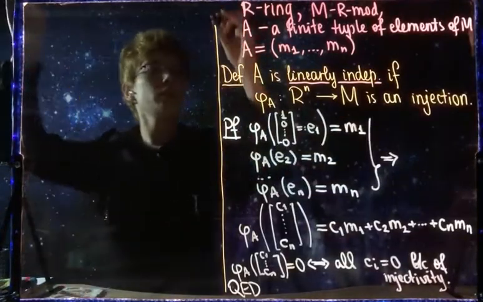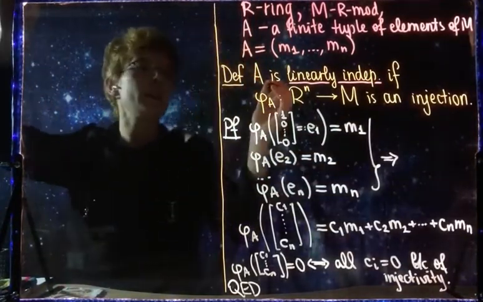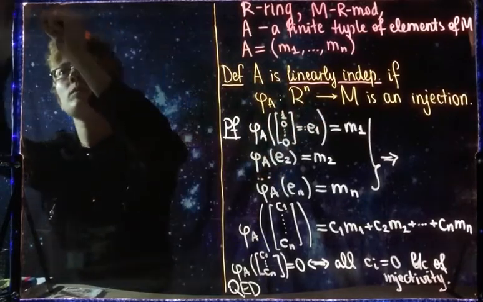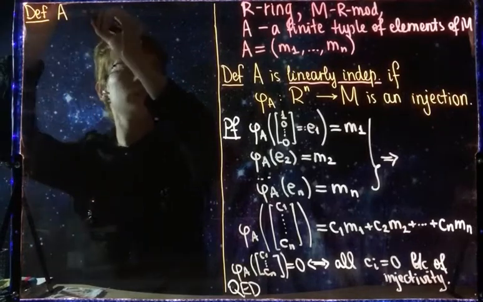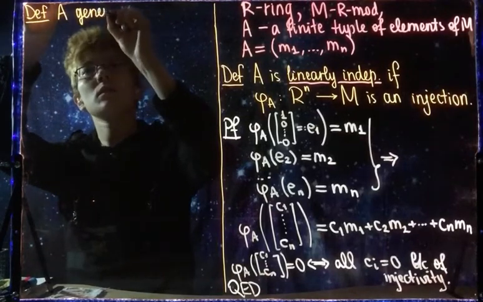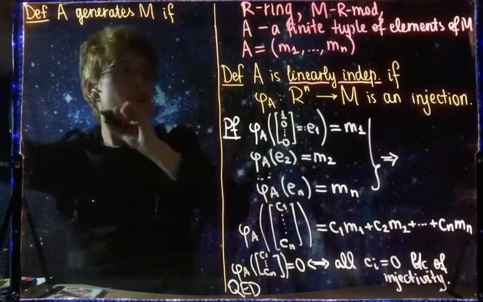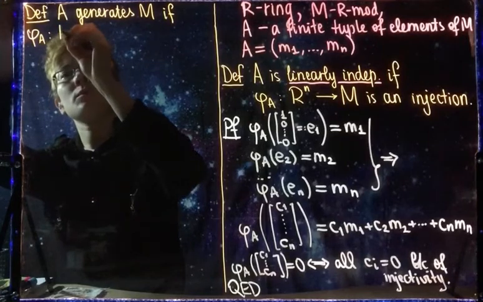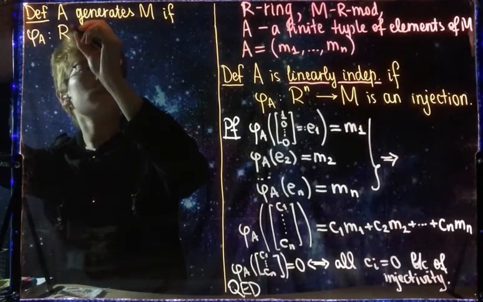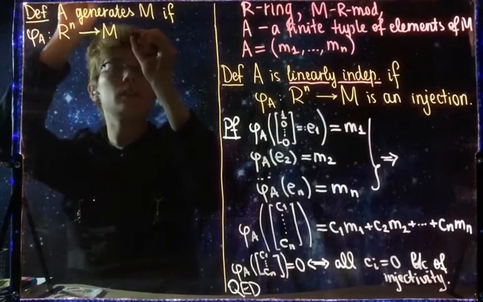In a similar fashion, I can formulate when A is a generating set for M. And I say that A generates M if the corresponding map phi A from R^n to M is a surjection.